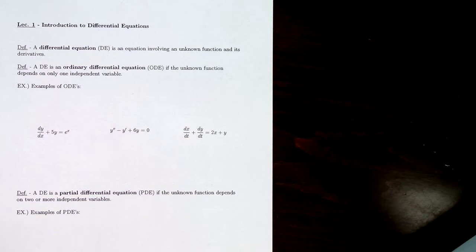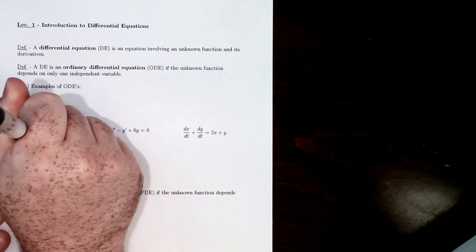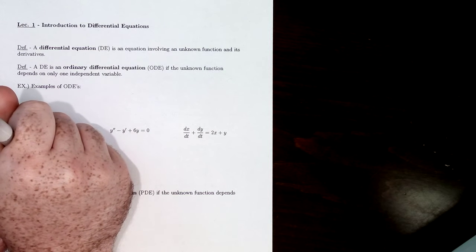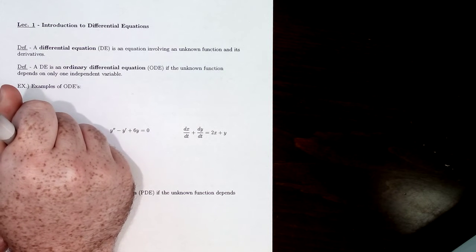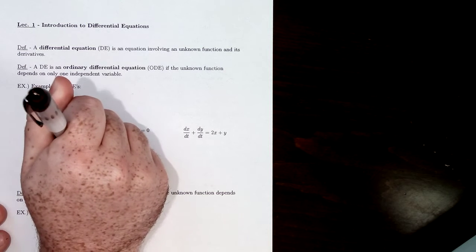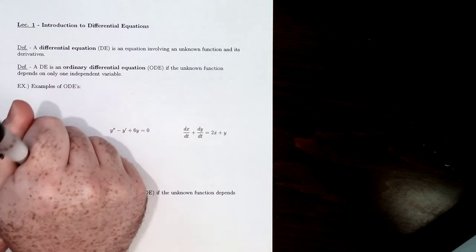So these are written in two different notations, and in differential equations, you're going to see this a lot, so get comfortable with the different types of notation. In this first example, this is written in Leibniz notation. And his notation is the d/dx notation.